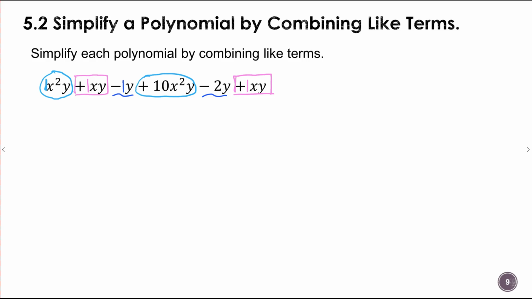Okay, so when I add my x squared y to my 1 and my 10, I get 11x squared y. And then on the next one, I get a 2xy, right? Because I have 1 and 1. And then on the y's, I will have negative 3y. And so all my like terms are combined, and that's it on that one.